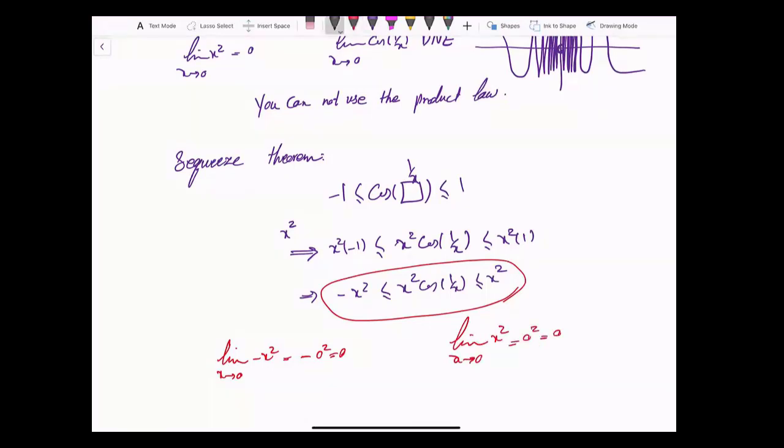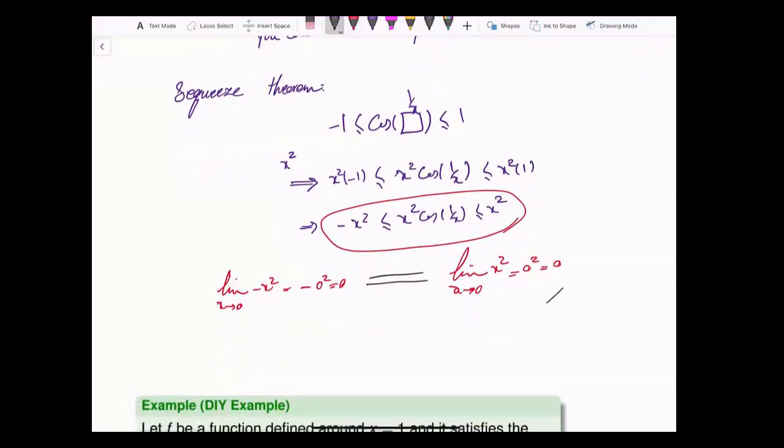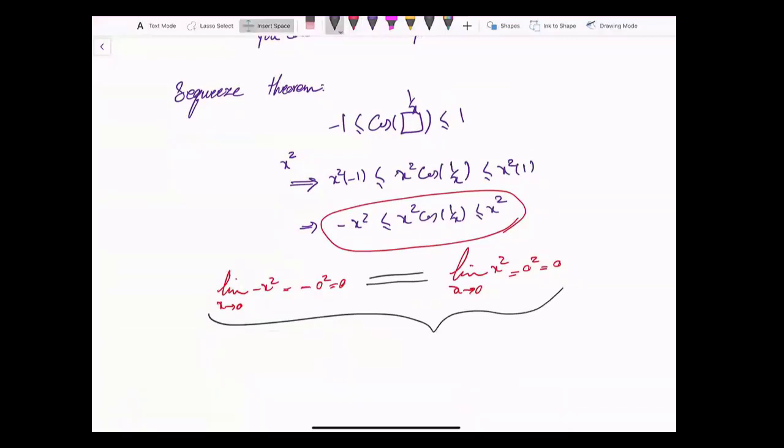These two have the same limit, and the inequality holds, so from the squeeze theorem you right away conclude that the limit of the middle one as x goes to 0 is 0.